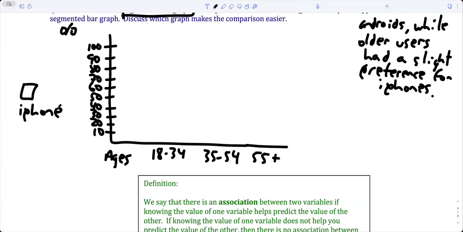So for example, right here, we have 32.7%. And then for the Androids, looking back, the Androids for the 18 to 34 was 41.4. So I've got 41.4 and 32.7. That's right around, let's see, 74%.